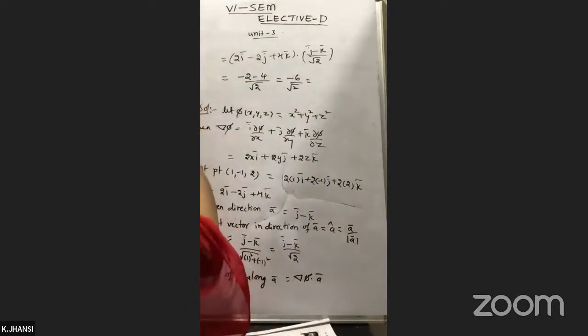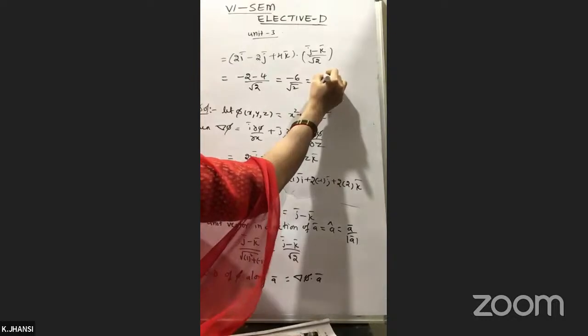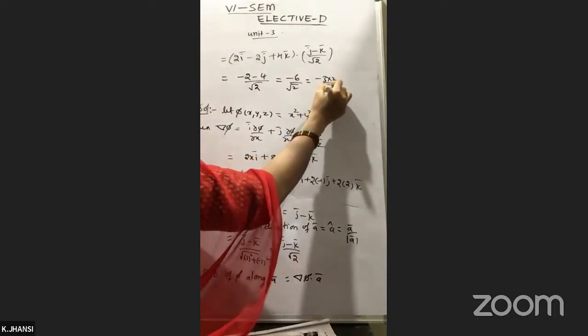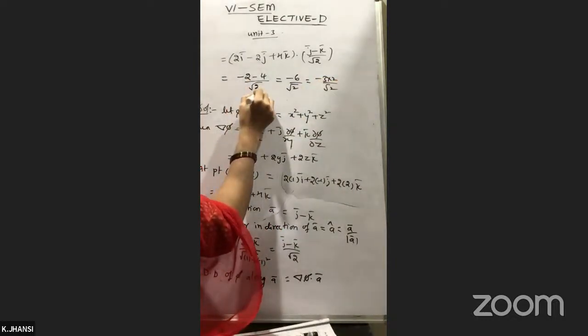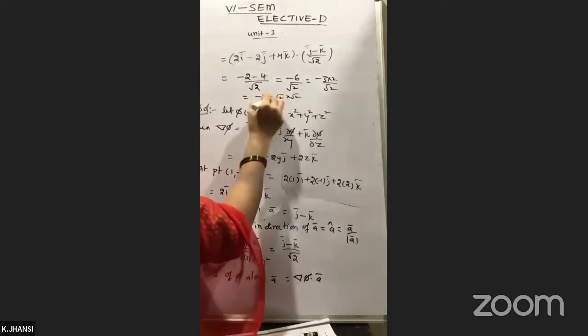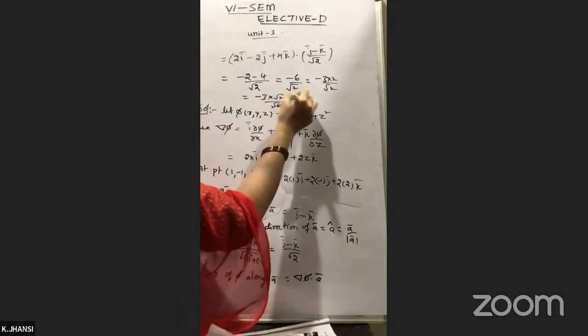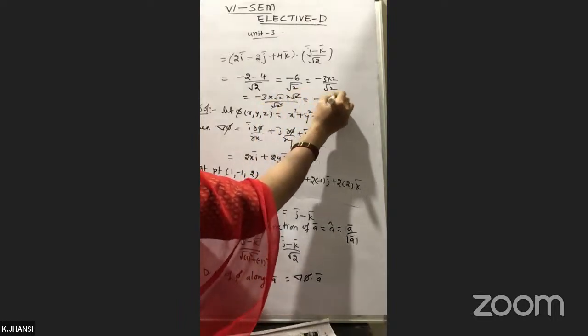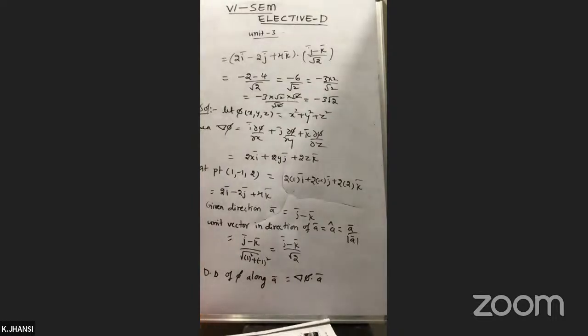Here we can write -6 as -3 into 2, and 2 by root 2 is root 2 into root 2 by root 2, so these cancel. The answer is -3.